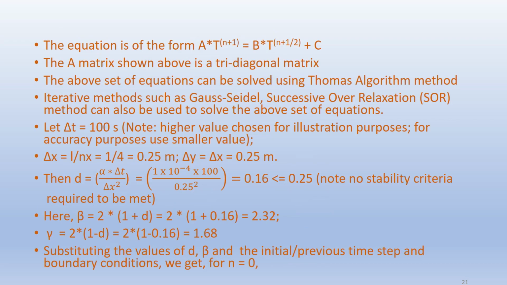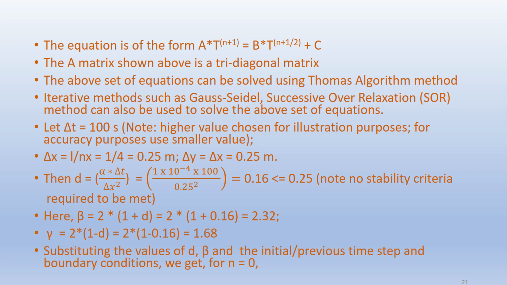This equation is of the form A times T^(n+1) equals B times T^(n+1/2) plus C. So again, for the second time step, the A matrix shown is similar to the first time step of the ADI. The A matrix is a tridiagonal matrix. We can solve the above set of equations using the Thomas algorithm method or iterative methods.